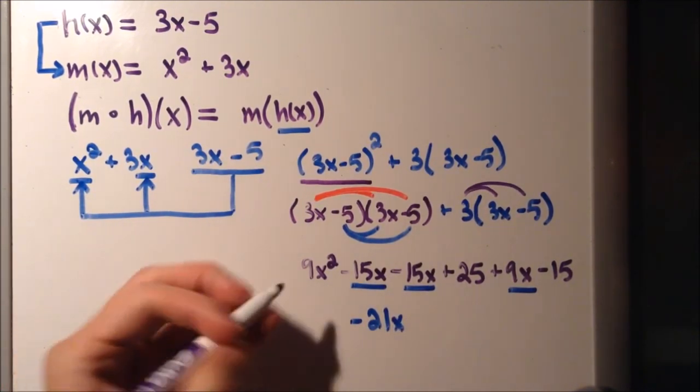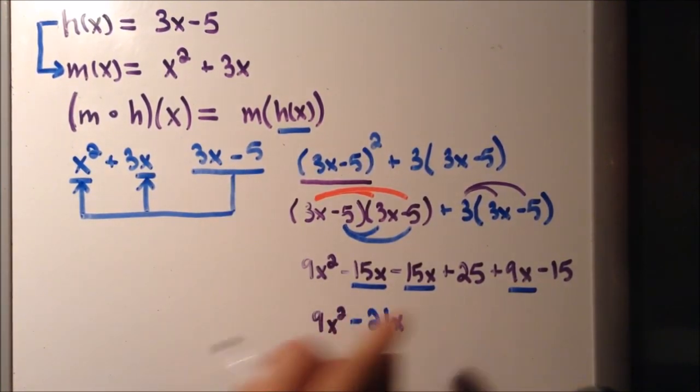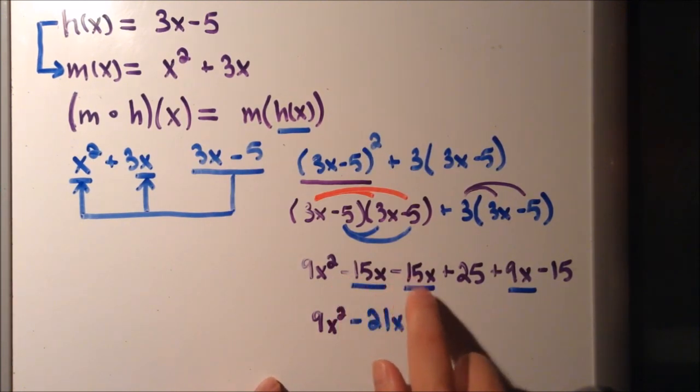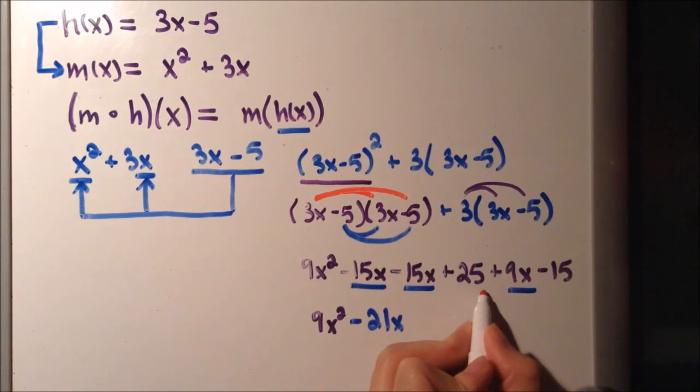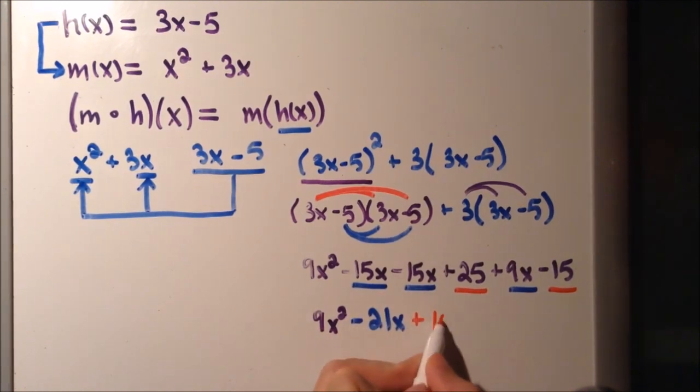Now I bring down the 9x squared. There are no other like terms, so it stays 9x squared. Then we have plus 25 minus 15, which is just a positive 10. We finished combining terms, and there's nothing else we can combine. This is pretty much it.